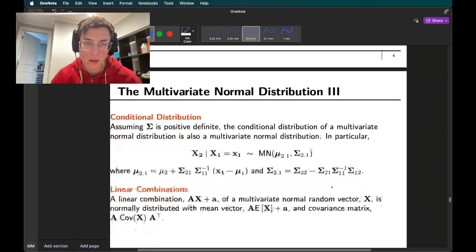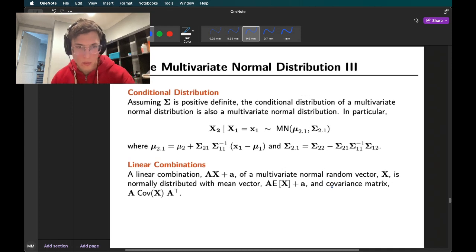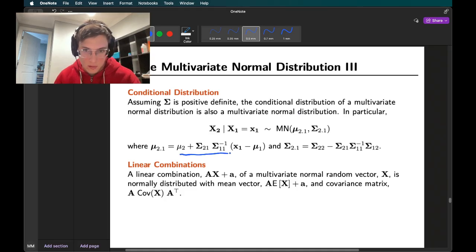Okay. Conditional distribution. Assuming sigma is positive definite, the conditional distribution of a multivariate normal distribution is also a multivariate normal distribution, in particular this, where the mu is equal to this and the sigma is equal to this. Notice that this is subtraction.